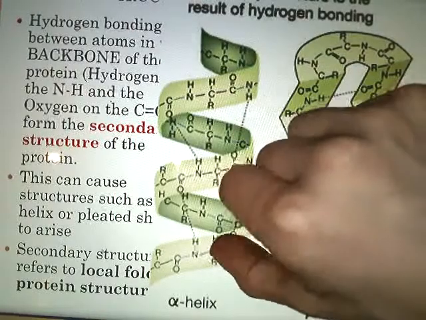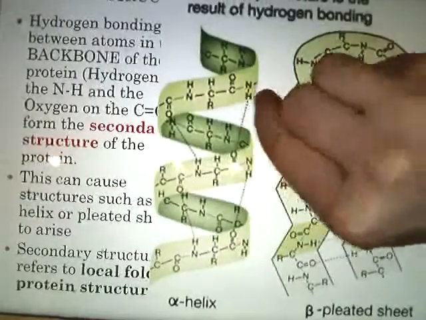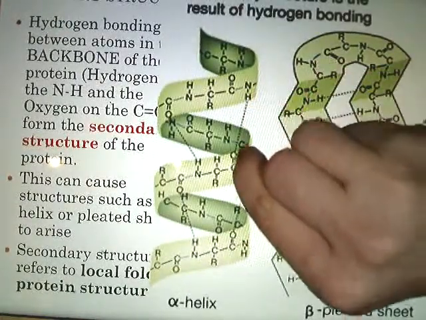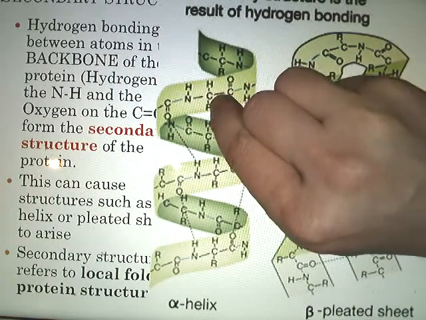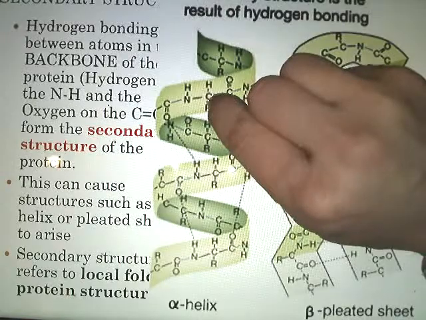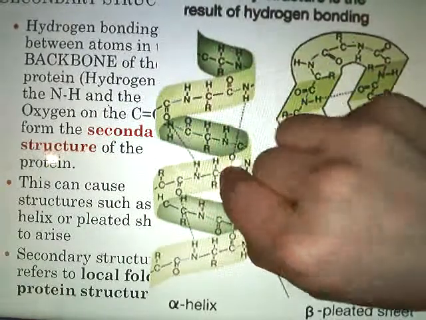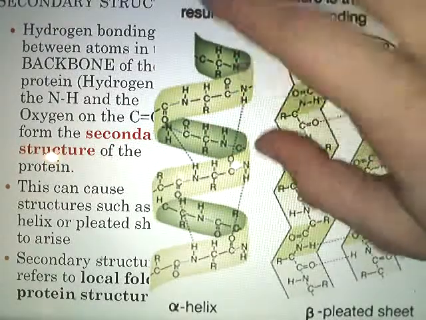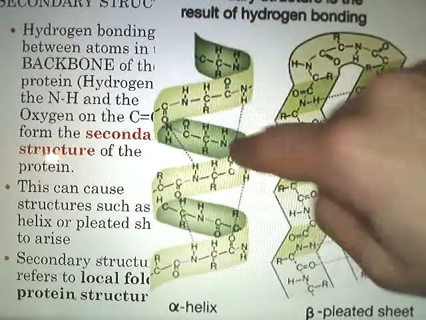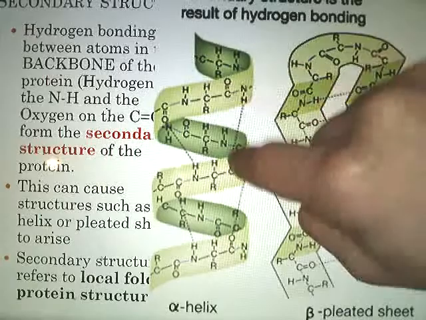It'll have the same bond angles, it'll have a hydrogen bond, then it will be separated by an amino acid, then it will have another hydrogen bond separated by an amino acid, another hydrogen bond. And then every 4 amino acids, that's where the bonding occurs.